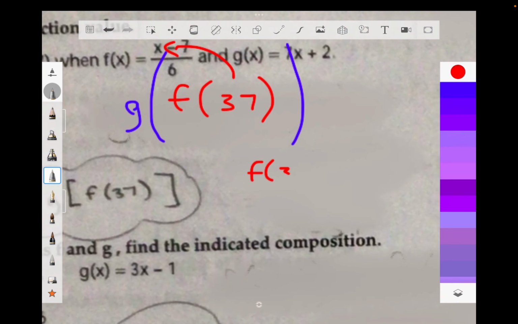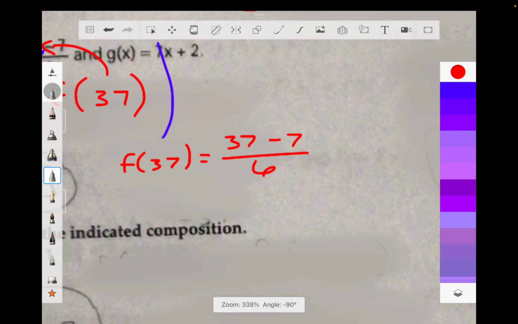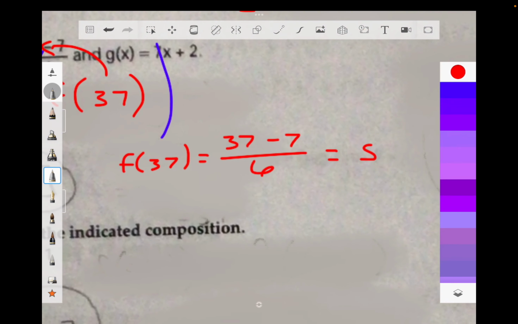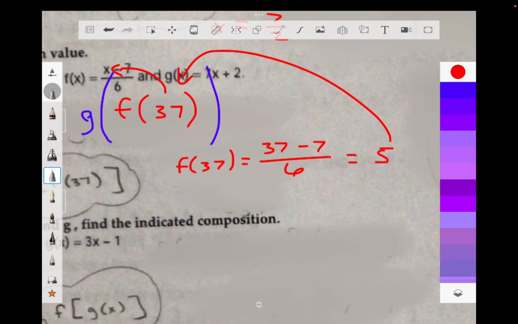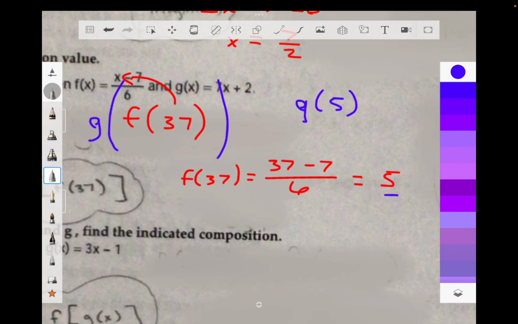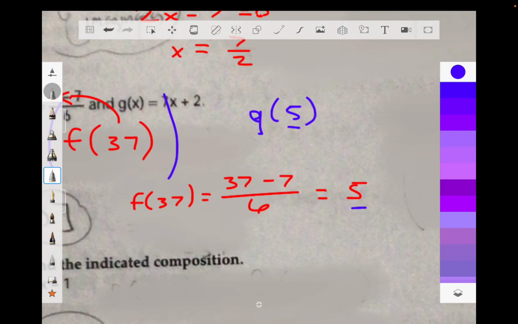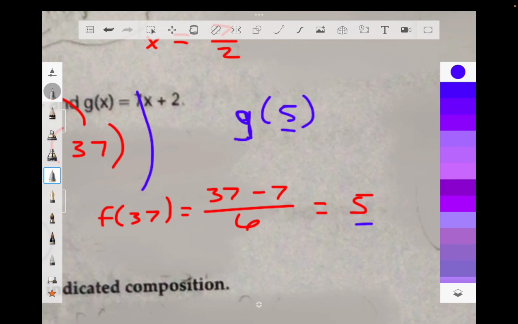So f of 37 is 37 minus 7 over 6, which is 30 over 6, which is 5. So f of 37 is equal to 5. Look at that. We can plug that back in. So now it's going to be g of 5, right? Because f of 37 equals 5, so that means I could replace this f of 37 with a 5. So now it's saying g of 5.